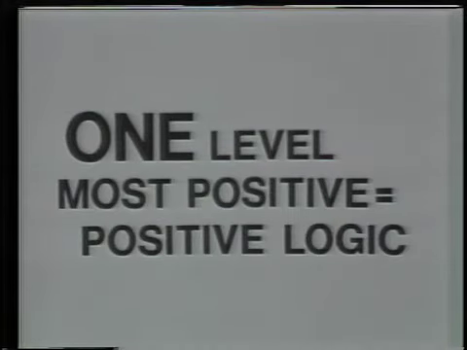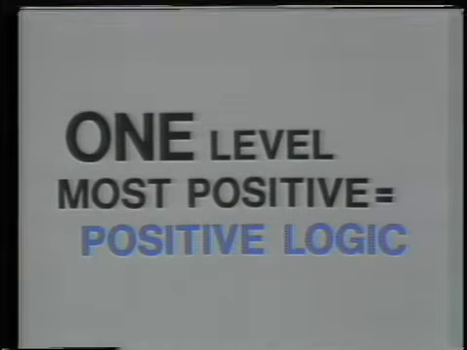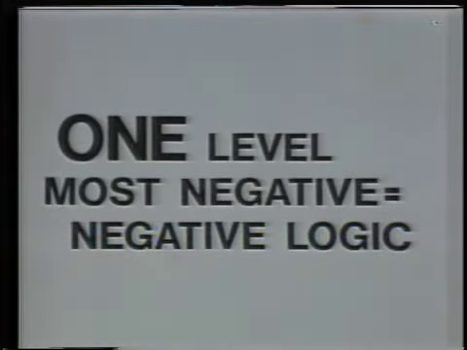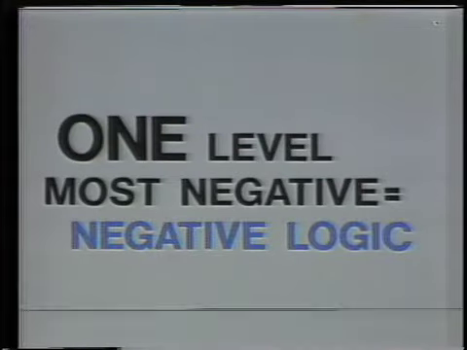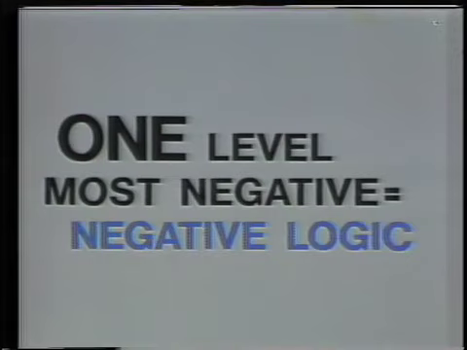If the 1 level is positive with respect to the logic 0 level, regardless of the voltages with respect to ground, then the system is said to be a positive logic system. By the same token, if the 1 level is negative with respect to the logic 0 level, the system is a negative logic system.